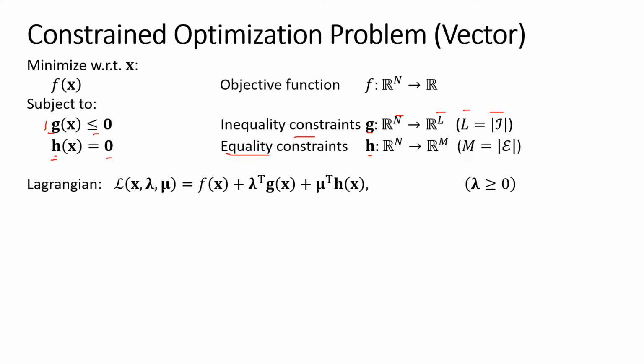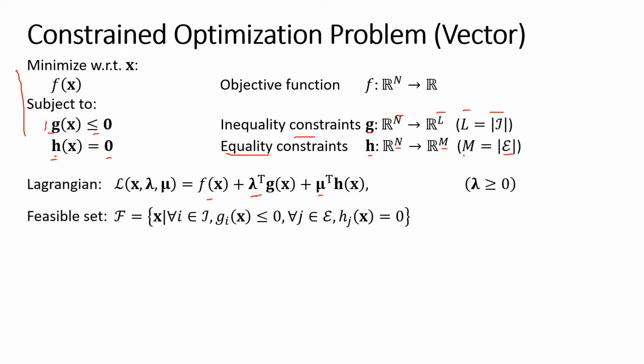It's a vector function that maps the n dimensions to m dimensions, where m is the cardinality of the set of equality constraints. The Lagrangian for this COP can now be expressed more succinctly too as f of x plus lambda transpose g of x plus mu transpose h of x, where lambda and mu are vectors.